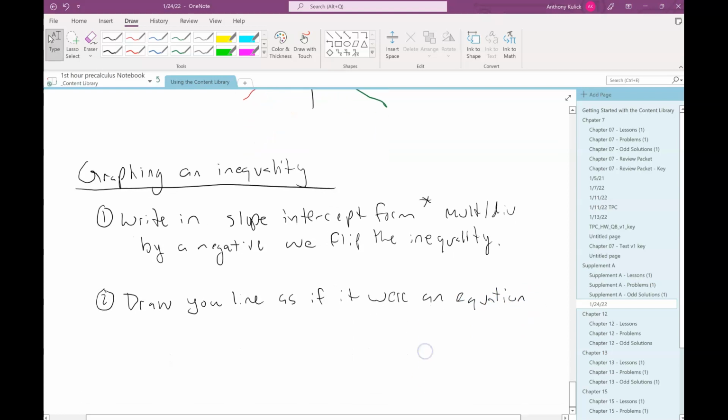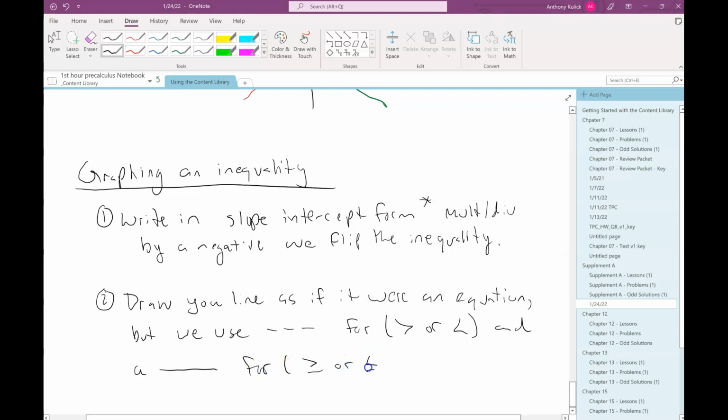So then we're going to draw our line as if the inequality was an equation, but we use a dashed line for greater than or less than, and a solid line for greater than or equal to or less than or equal to.